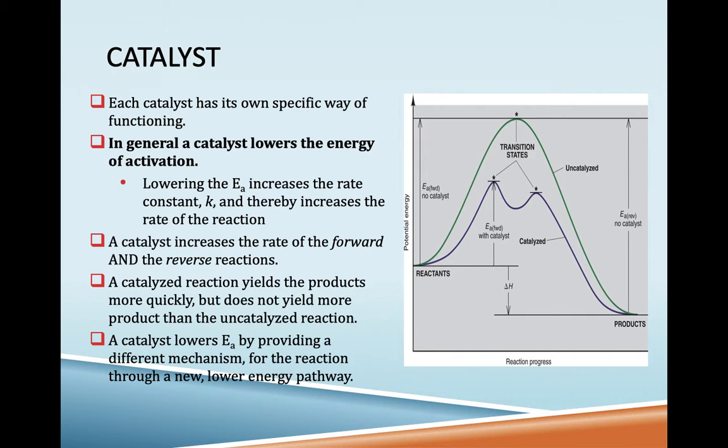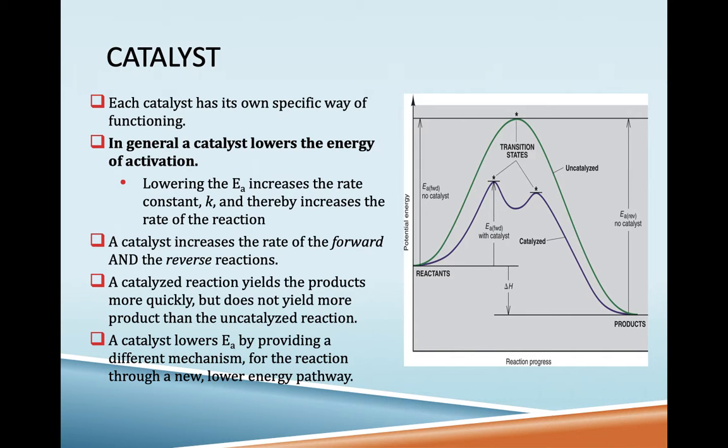Note that this increases the rate both forward and reverse. If we had a reaction that could potentially react back, it could speed that process up as well. Note that, yes, it gets us over the hurdle faster, but it doesn't give us more. It's one of the big misconceptions with catalyzed reactions that we think, oh, we're going to get more of our product because it's getting there faster and more efficiently.